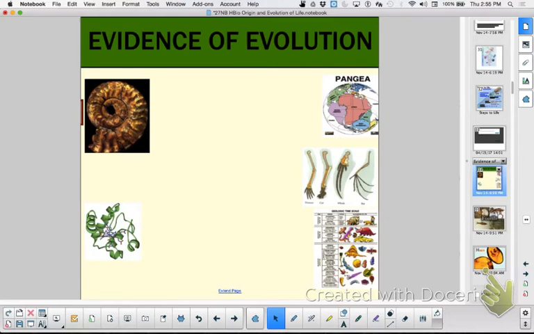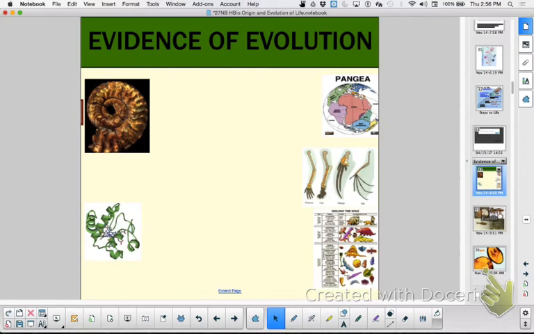Homologous structures, that would be what you're seeing right here. The bones are the same. If the bone is the same, then probably the DNA is the same, right? Homologous structures don't have to do the same thing. That's analogous, and that is not evidence. Just because dolphins swim and fish swim, it doesn't mean that they're related.